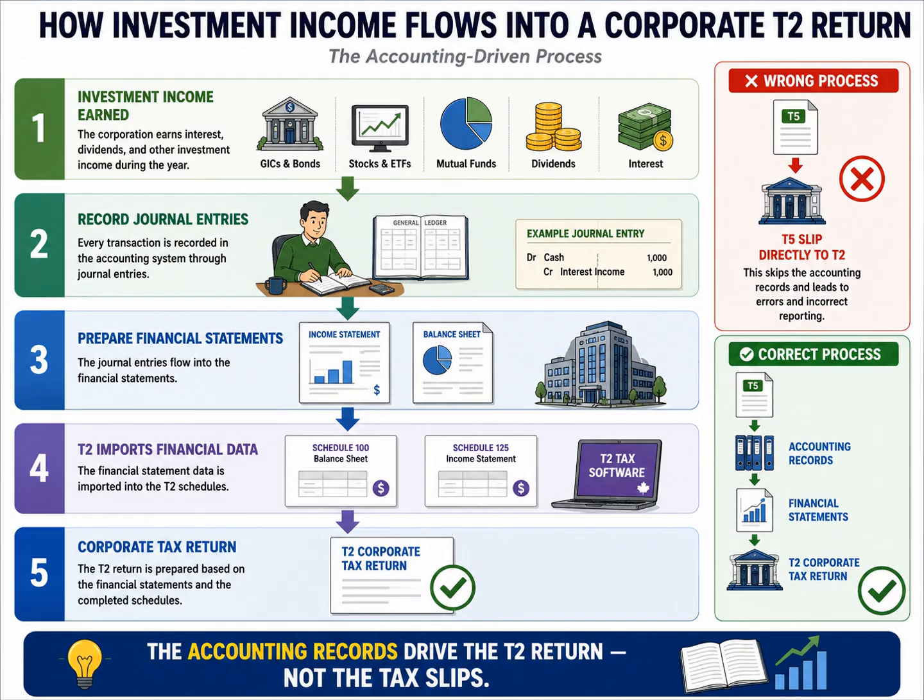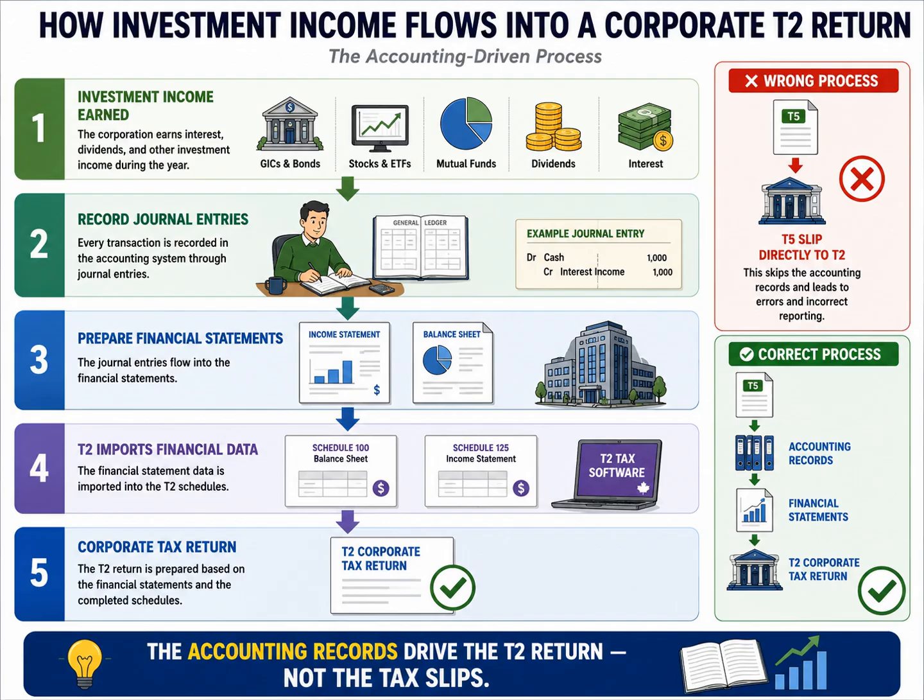The information flows into Schedule 100, which contains the balance sheet information, and Schedule 125, which contains the income statement information. Additional schedules may also be completed depending on the nature of the investment income. Finally, after the financial information has been properly recorded and imported, the corporation's T2 tax return can be prepared.